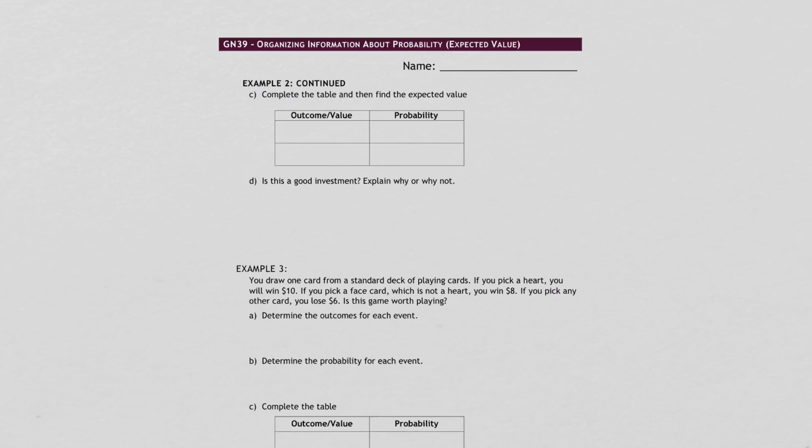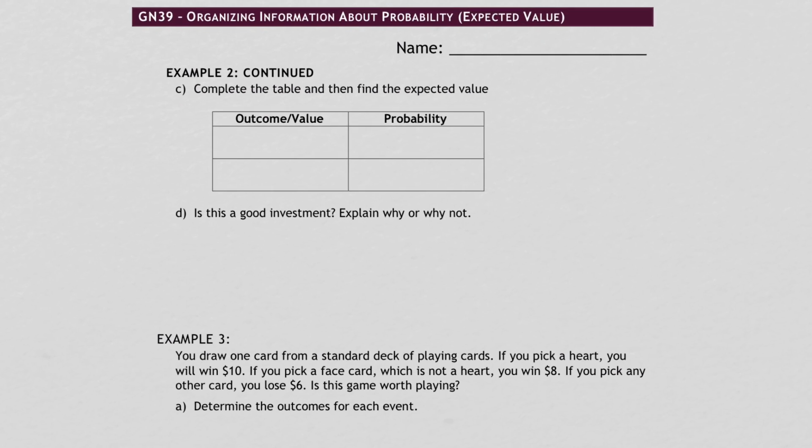So over on the next slide, we're going to put these outcomes in where we're losing $9,000 and its probability was 0.3, or where we're gaining $7,000 and its probability was 0.7.